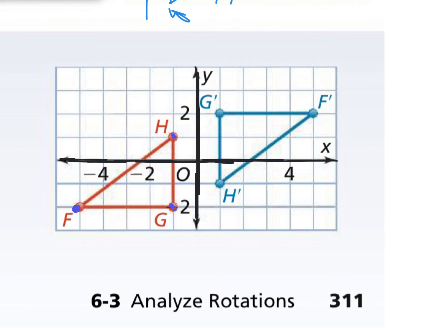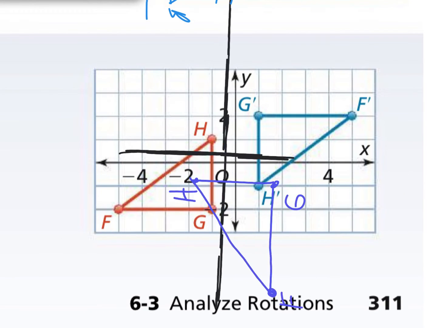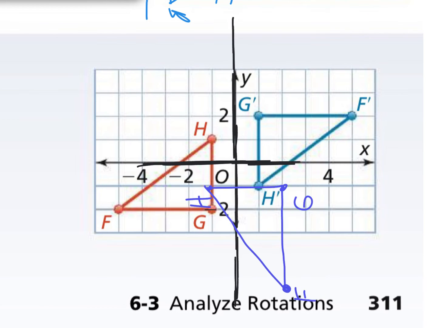One thing to make sure of is that you start with the original points, which are the ones that don't have the primes on them. Okay, so we're going counterclockwise, so this would be, whoops, I forgot to lock my size on this thing.